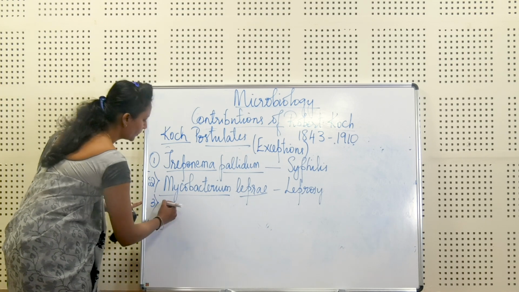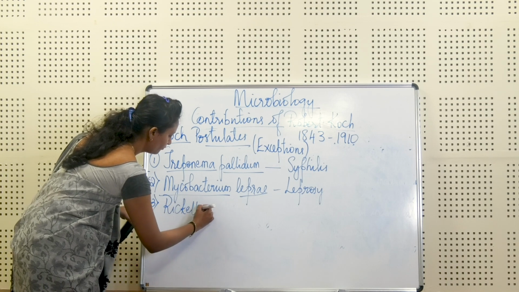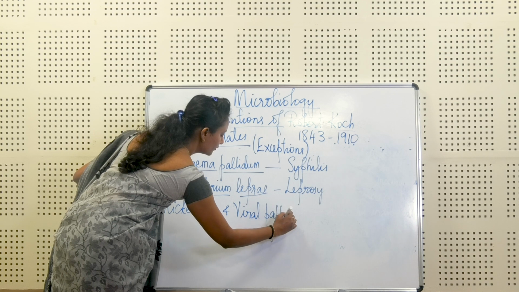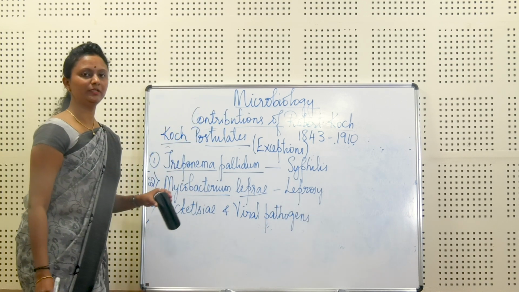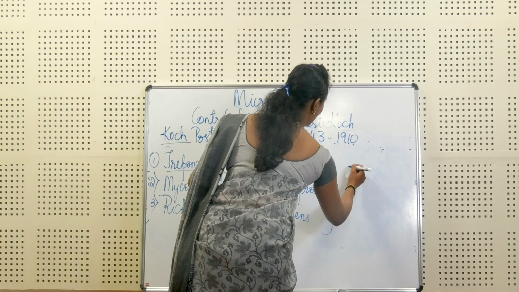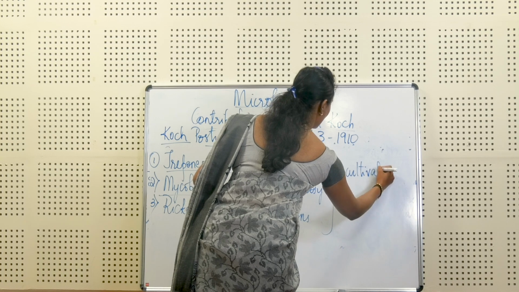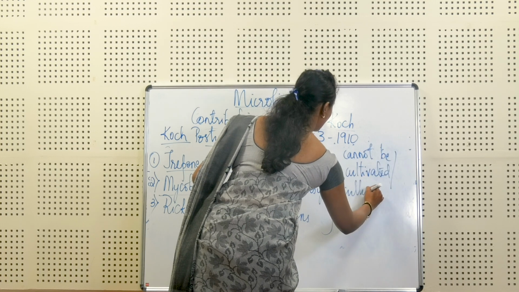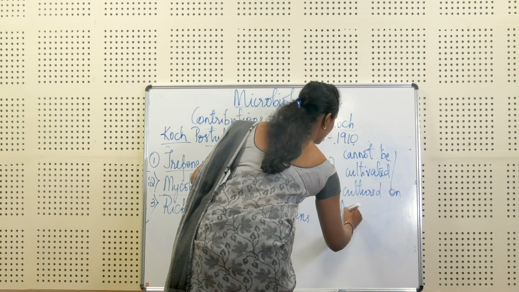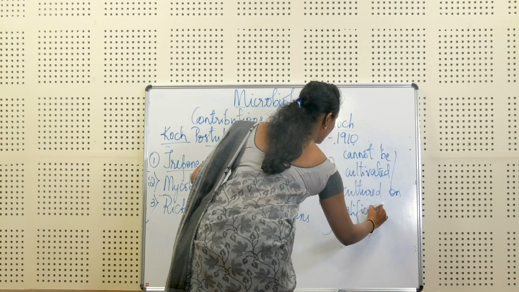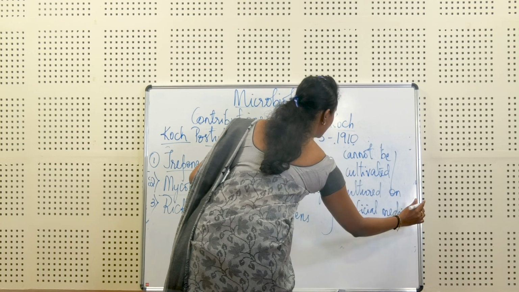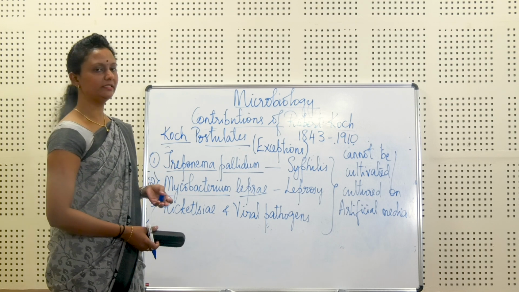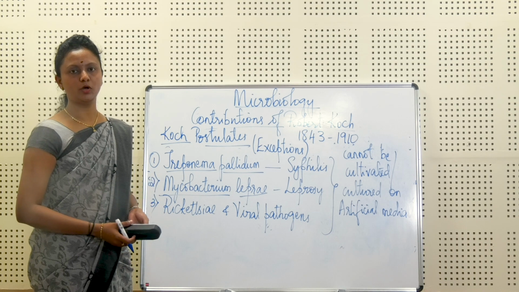Similarly, Rickettsia and other viral pathogens can never be cultivated on artificial media, and hence some of the above findings entailed some modifications to the Koch postulates.